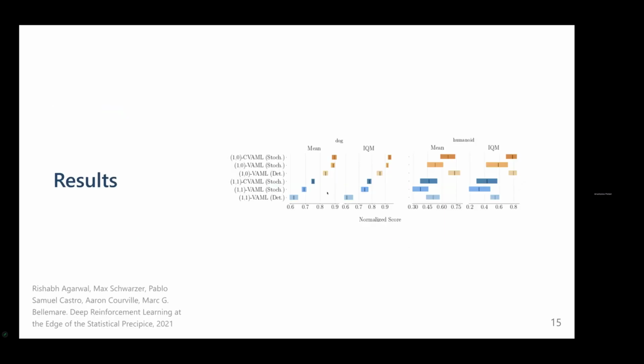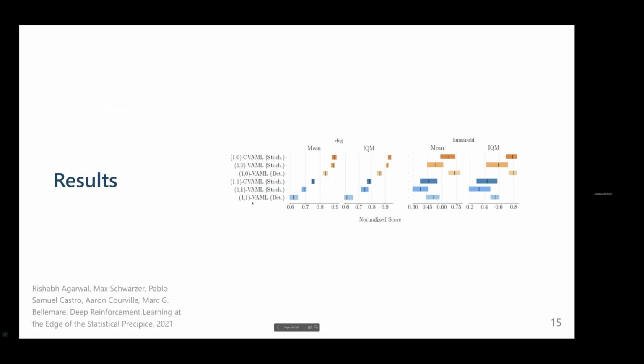So these are the results. We present them in the way that was introduced by the Deep Reinforcement Learning at the Edge of the Statistical Precipice paper. Basically, on the x-axis, we have the performance and some error bars, because error bars are cool. And here we look at different experiments. These three use a mu0 loss, because the B parameter is 1.